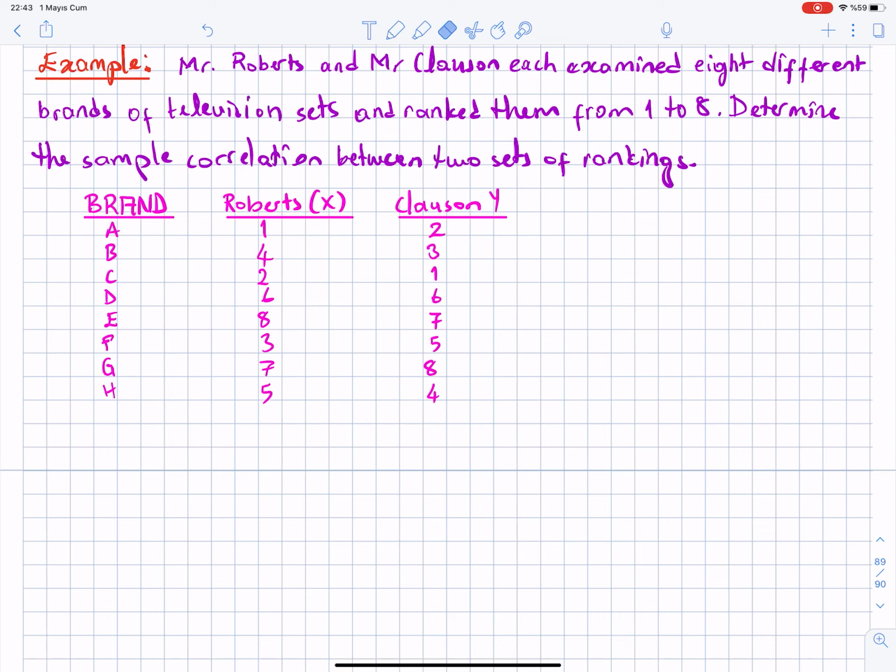So you need to have x and y, xy, and xi, yi, let's say, with subscripts.